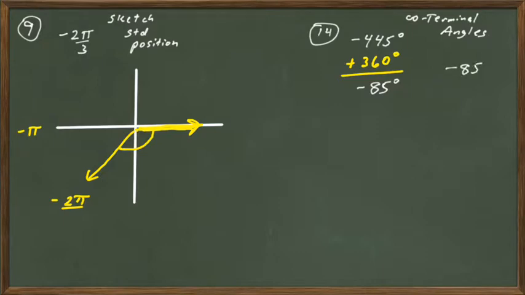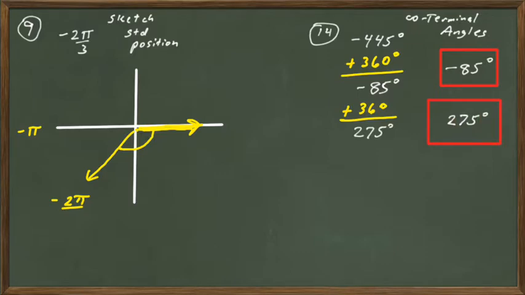So that's one coterminal angle, and it happens to be negative. If I want another one, I like it positive, I might add another 360 degrees. So if I added another 360, I think that would give me 275 degrees. Now that's positive. Hopefully I have one positive and one negative coterminal angle.